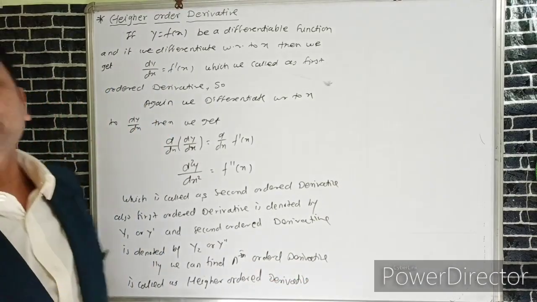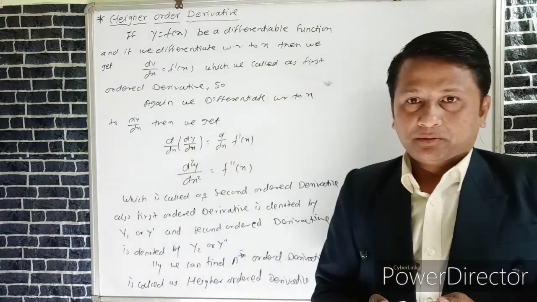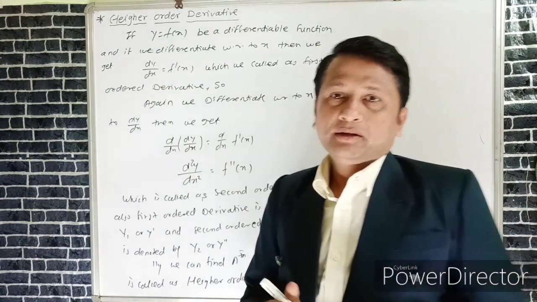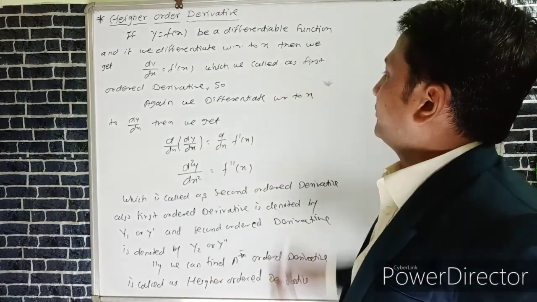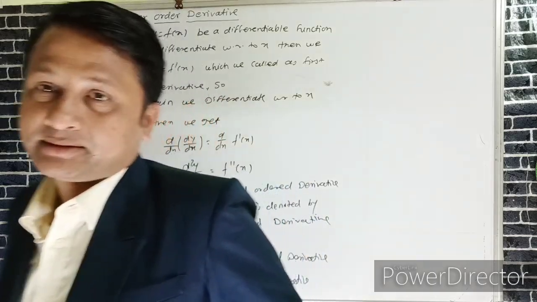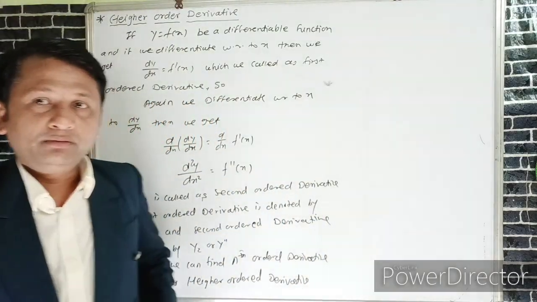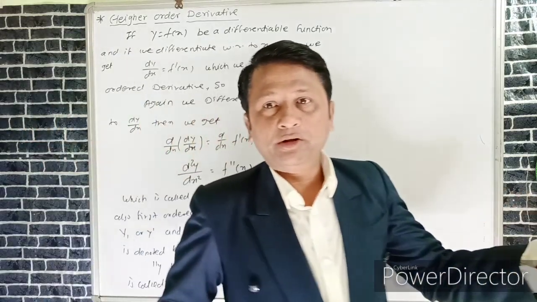So here we first learn about the second order derivative. We evaluate the derivative up to order 1, which means we already found dy by dx. Now just one step further, the second order derivative.